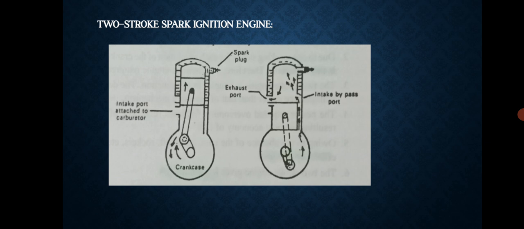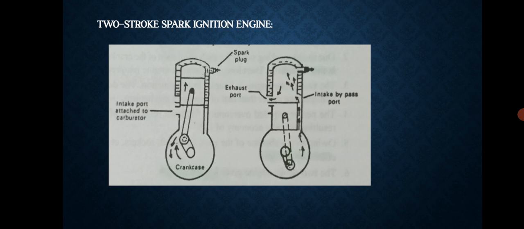When the pressure in the combustion chamber is lower than the pressure in the crankcase, through the port openings to the combustion chamber, the incoming mixture is deflected upward by a baffle on the piston.